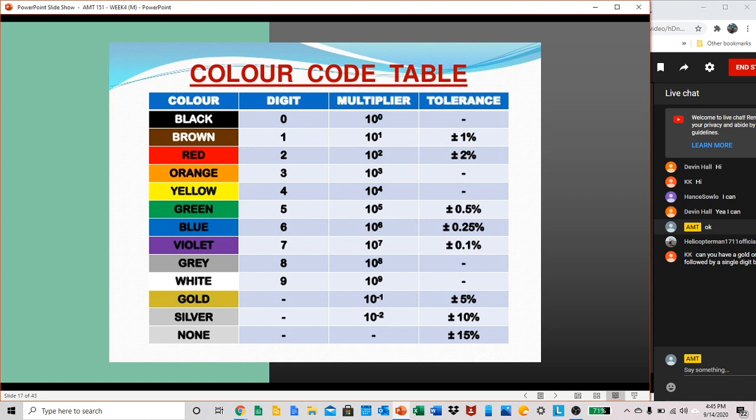That's just how it works. Which is good, because it would be confusing if you could have it as a single digit band as well. So you will never have a gold or silver band first. You will always have a different color. If you have a gold or silver band at all, you will always see it as one of your last two color bands. So, good question.